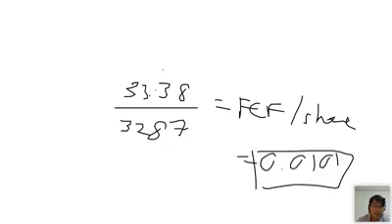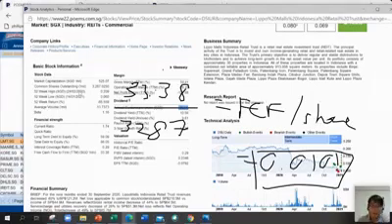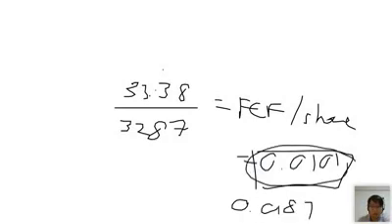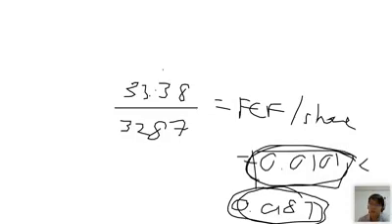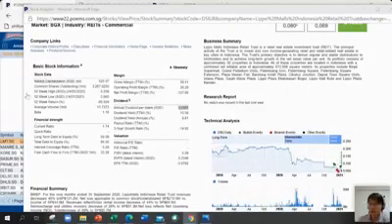Then you look at the dividend per share that they pay you, which is 0.0187. So you can see free cash flow per share is actually less than the dividend they pay you, and you know that this is not sustainable. So even though they give you the highest yield, you should not invest because of this reason.